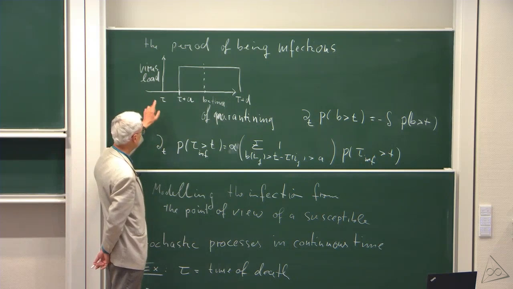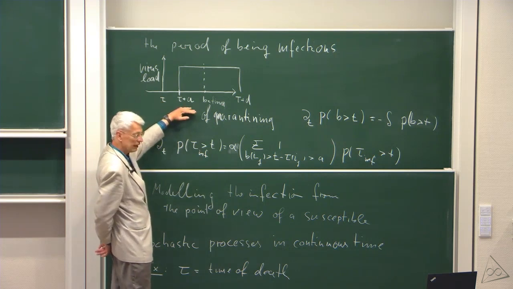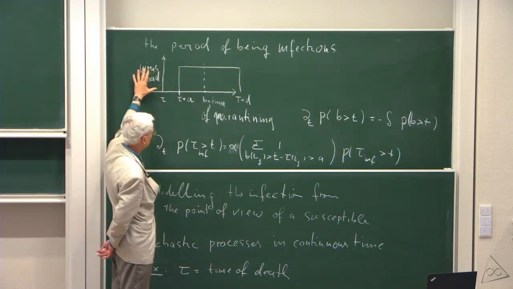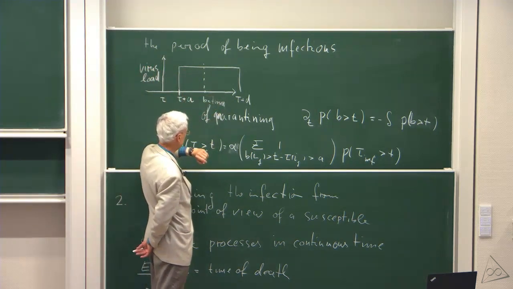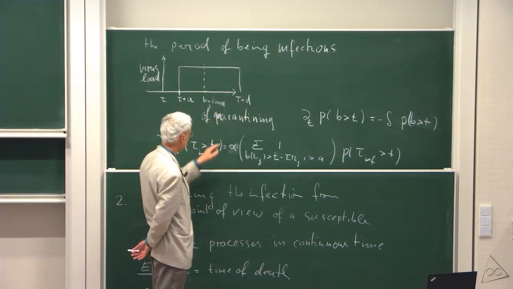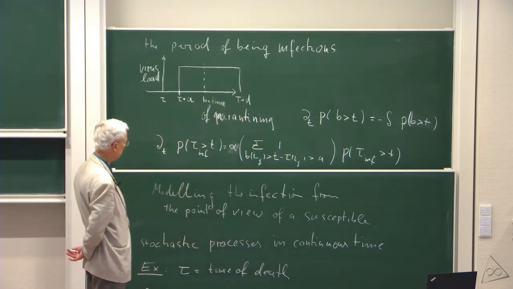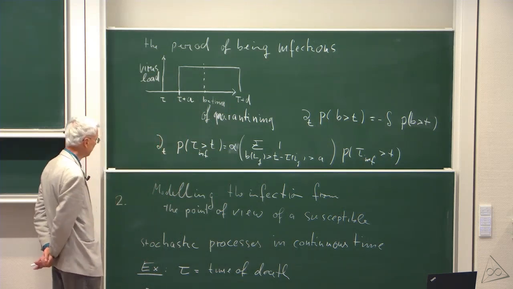I will say that an individual gets infected at a time tau. After a certain incubation time a, it starts producing a virus load, which here will be just constant up to the time tau plus d, when the infection will stop. So d is the duration of the infection here.